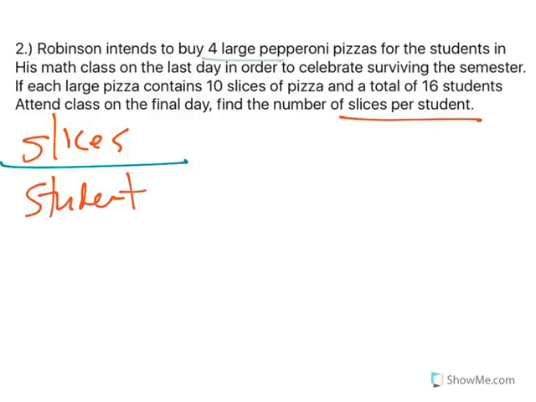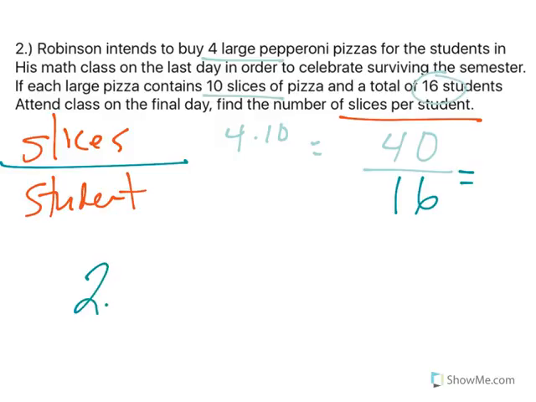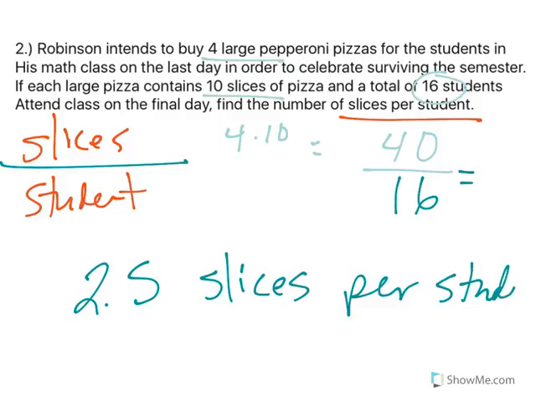Well, there's 4 large pizzas and each one has 10 slices. So 4 times 10 gives me 40 total slices of pizza, and I have 16 students. So when I take 40 divided by 16, I get 2.5. So we have 2.5 slices per student in Robinson's math class.